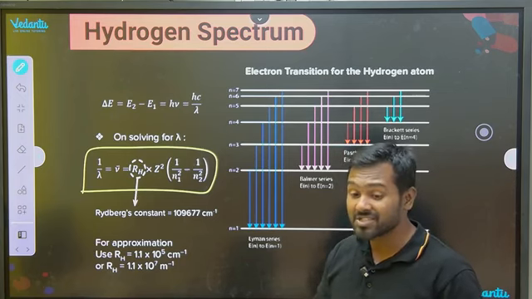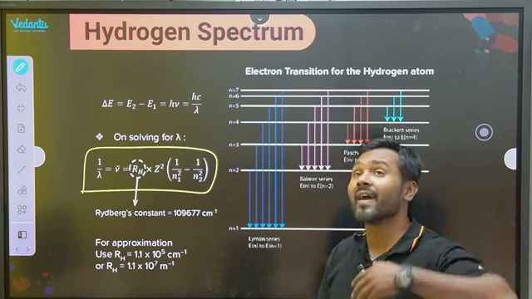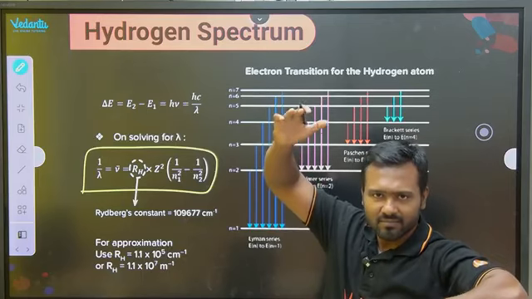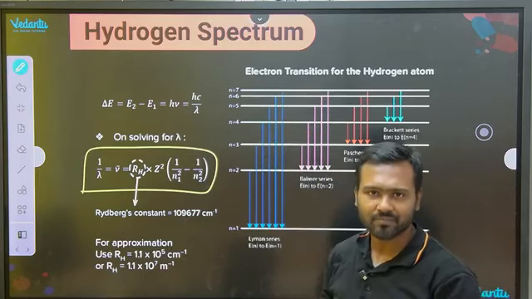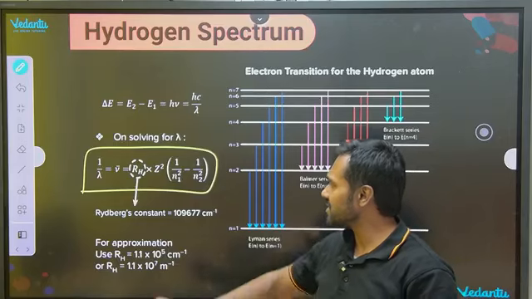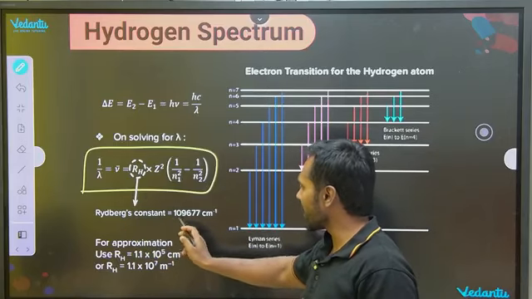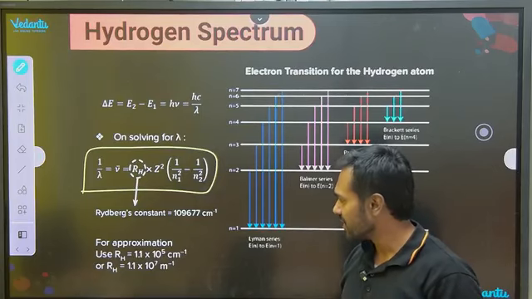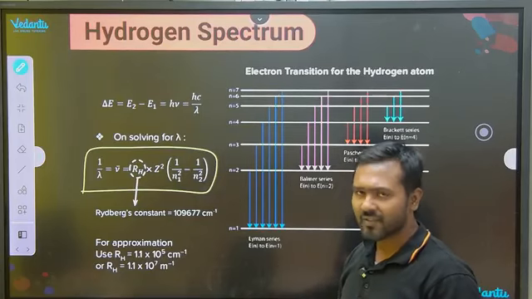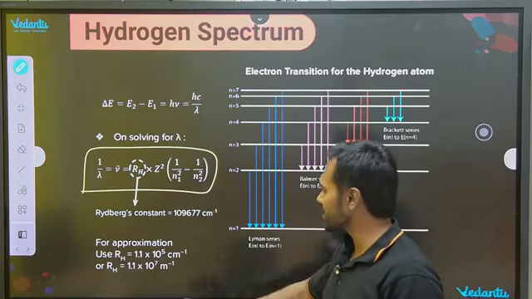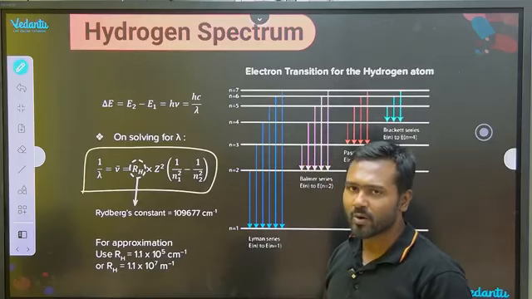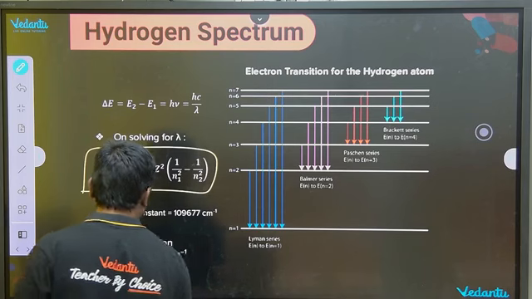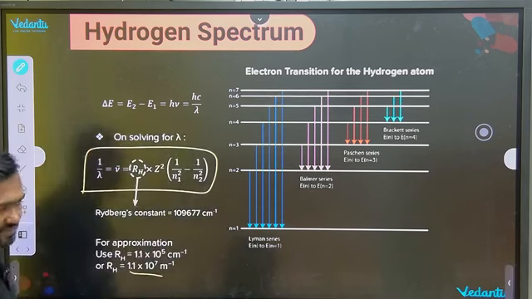N1 is the initial stage and N2 is the final stage, from where to where it is going. Here RH is called the Rydberg constant. Its value is 109,677 centimeter inverse. For fast calculations, you can consider 1.1 into 10 to the power of 5 centimeter inverse, or else 1.1 into 10 to the power of 7 meter inverse.